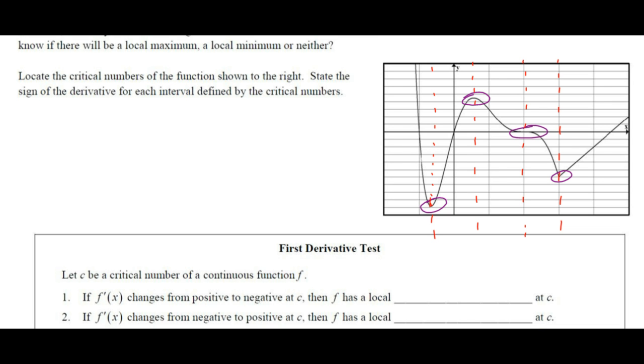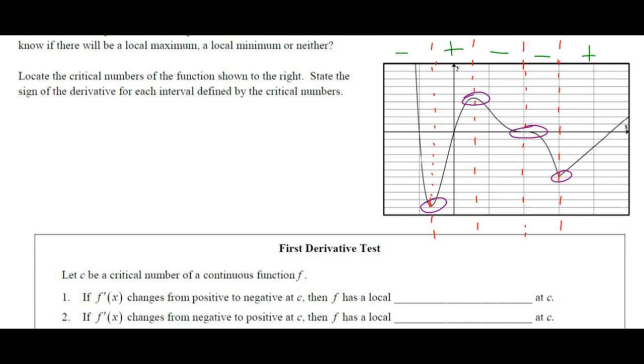First derivative will be negative. I guess I should extend these out a bit. In this interval from here to here, we've got a positive. And then here, negative. And then here, negative. And then here, positive.